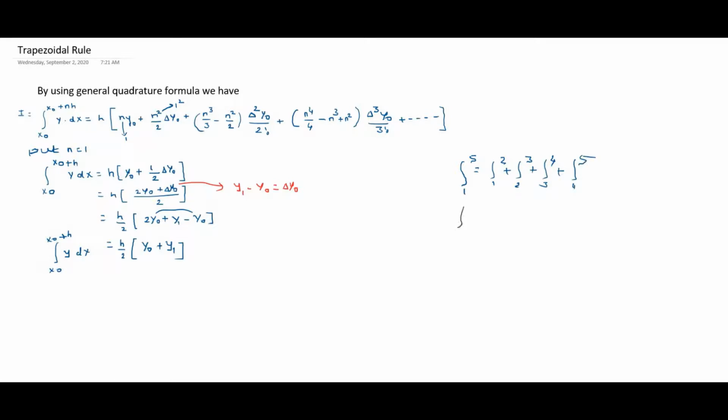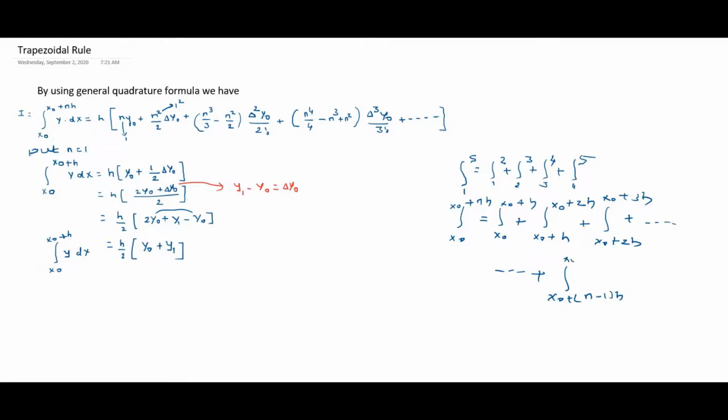In the same way, integration x0 to x0 plus nh, we can write it as integration x0 to x0 plus h plus integration x0 plus h to x0 plus 2h plus integration x0 plus 2h to x0 plus 3h, continuing in the same way, and at last you will get plus integration x0 plus n minus 1 into h to x0 plus nh.